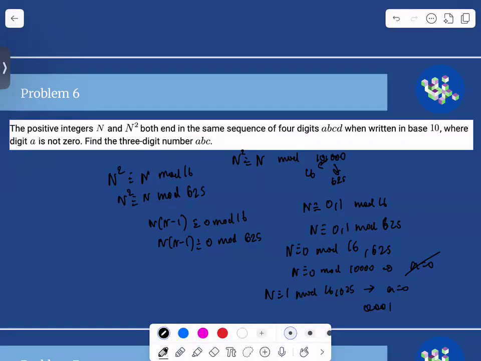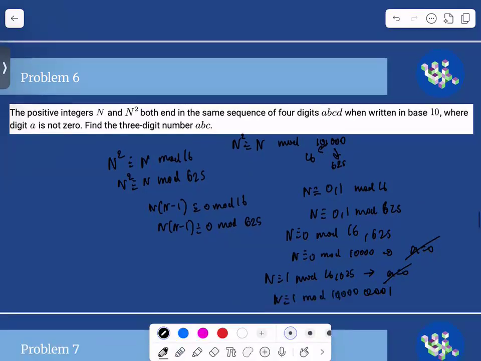This also gives us a is equal to 0, and we don't want this case either, because this would give us that n is congruent to 1 mod 10,000. And so then we just have two possibilities left. Either n is congruent to 0 mod 16 and 1 mod 625, or 1 mod 16 and 0 mod 625.